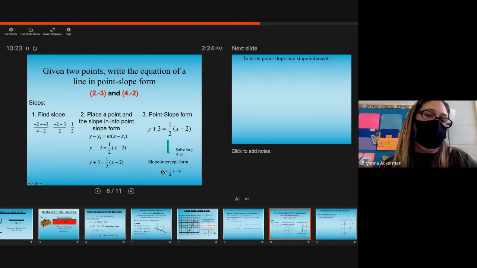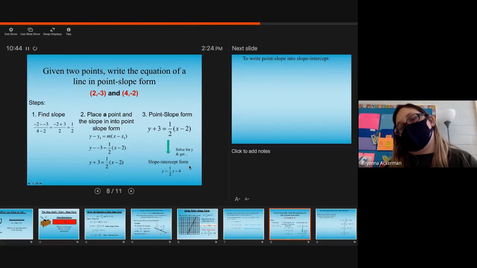If I wanted it in slope intercept form, I would distribute this 1/2. And then on this side, I would have to subtract a 3 from both sides to get y by itself. When y is by itself, it's in slope intercept form. Okay?